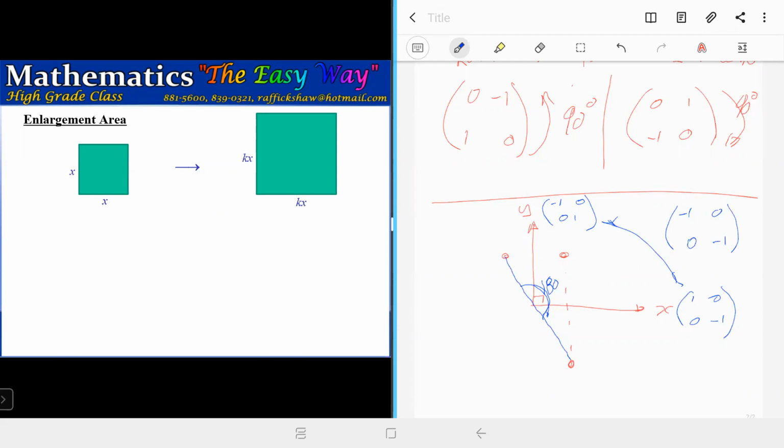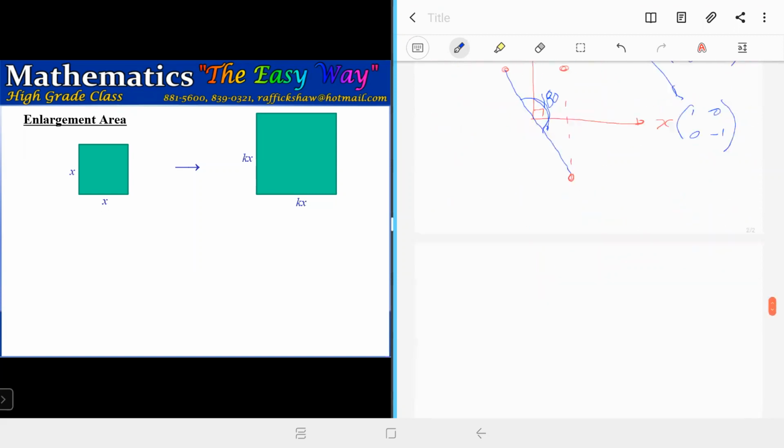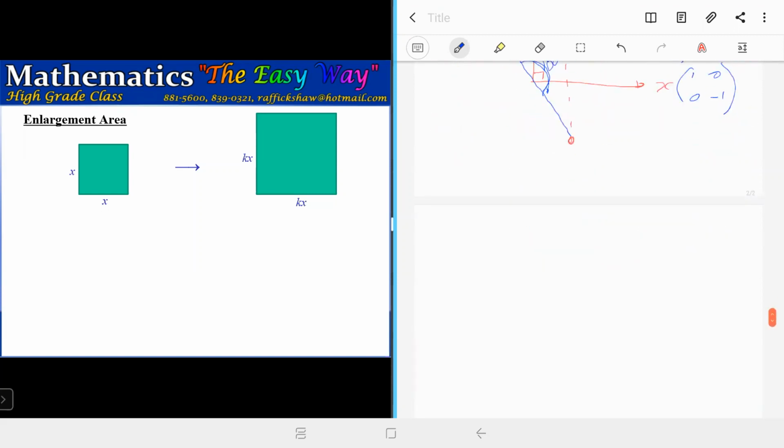Everything comes together nicely, right? What else did I tell you to know about enlargement? Enlargement: a length in the image is equal to k times the length in the object, where k is a scale factor.